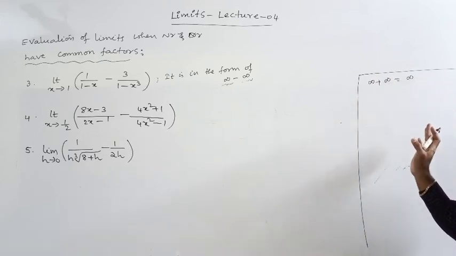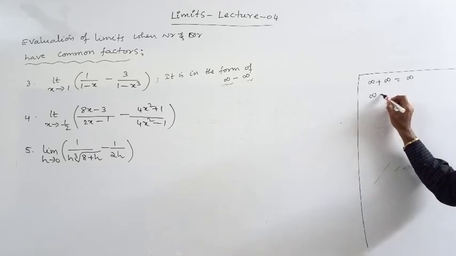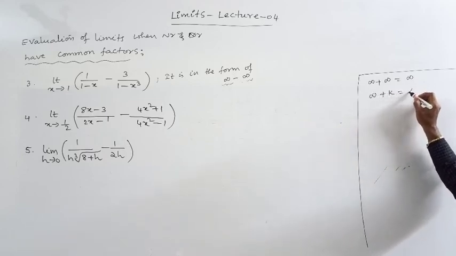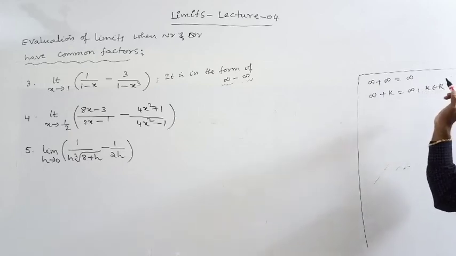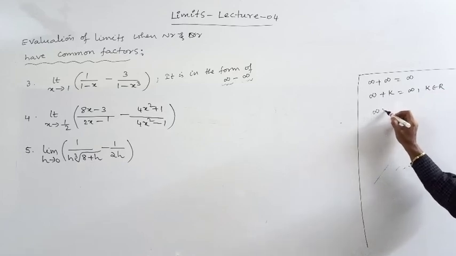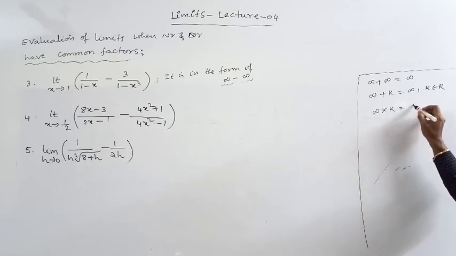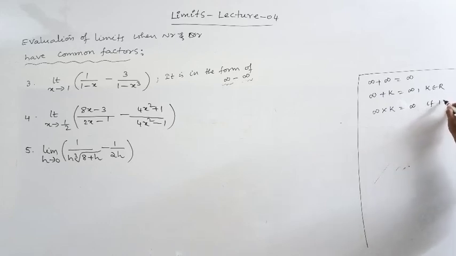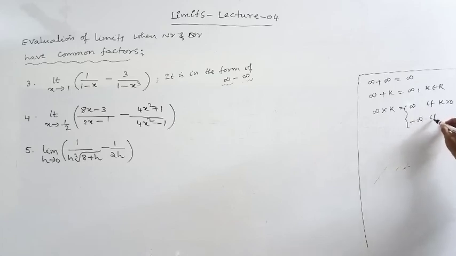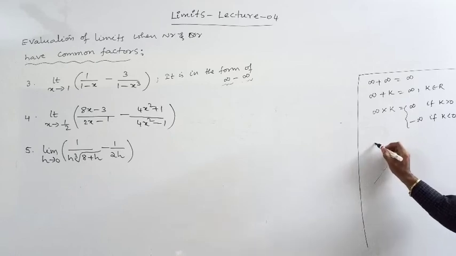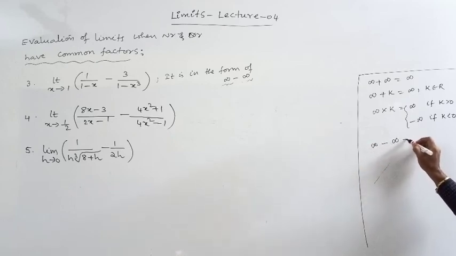Infinity plus k equal to infinity for any k belongs to R. Infinity into k equal to infinity if k is positive, and it will be minus infinity if k is negative. All right. So infinity minus infinity, don't know.